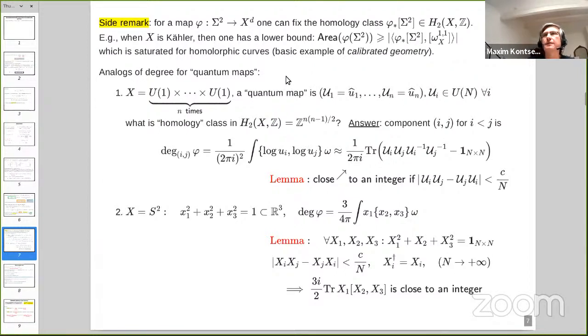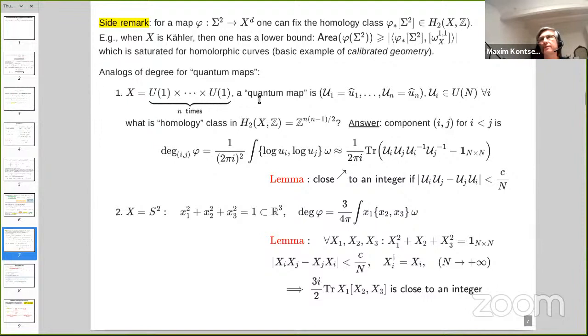So one can ask, for these quantum maps, whether one can have this inequality. First one has to say what the homology class of a surface is, and there are two examples which I worked out. One is the following. Suppose my target is an n-dimensional torus.